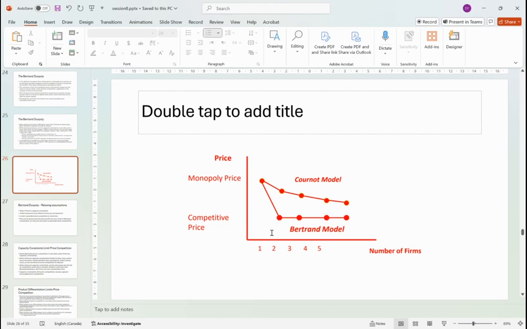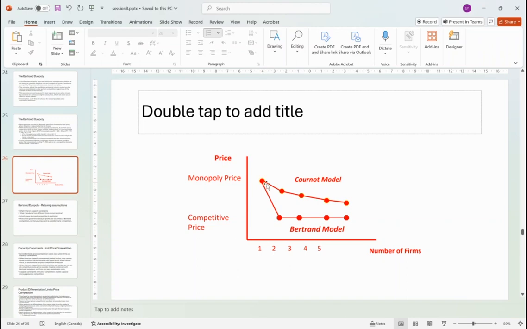So this graph is actually comparing the outcome, the equilibrium price, of the Cournot model compared to the Bertrand model with respect to the number of firms, right? As long as we have only one firm, in both Cournot and Bertrand, because these are oligopoly models, right? When we have only one firm in the market, then that would be the same as monopoly. So under one firm, under Cournot and Bertrand, the price is going to be the same as the monopoly price, right?